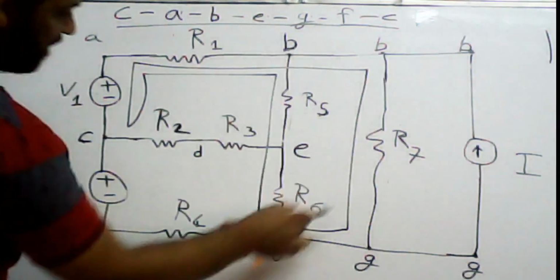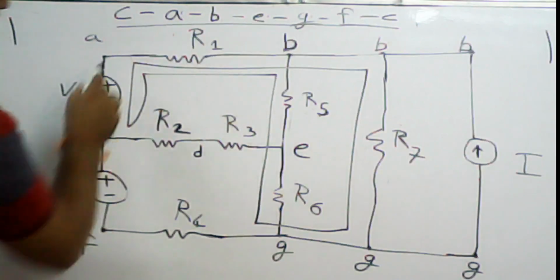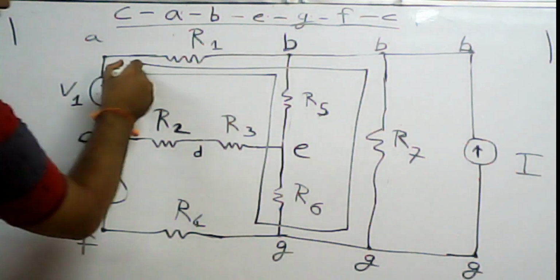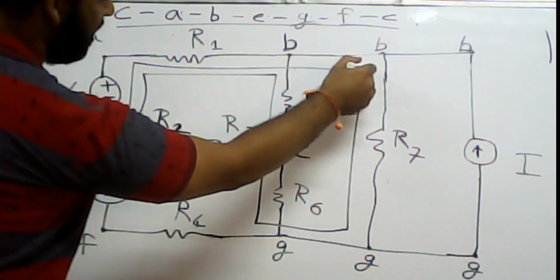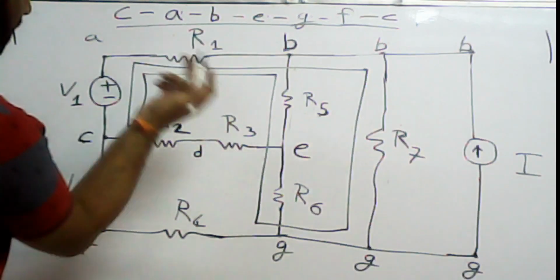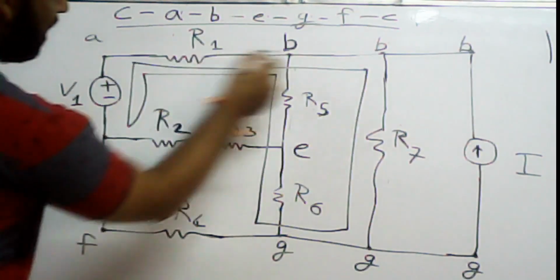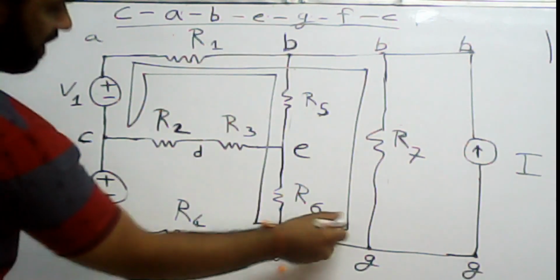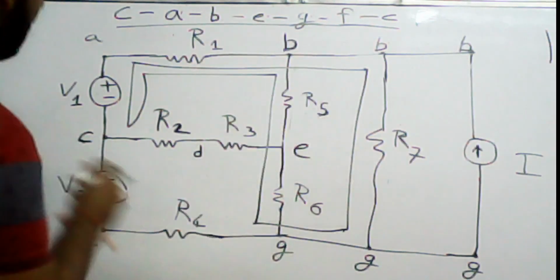This path is passing through B and A twice. C, then A, then B, then D, then B. These two are both B, so I'm considering B only once. C, A, B, then G, then again G. So this is once only. I'll write it down.